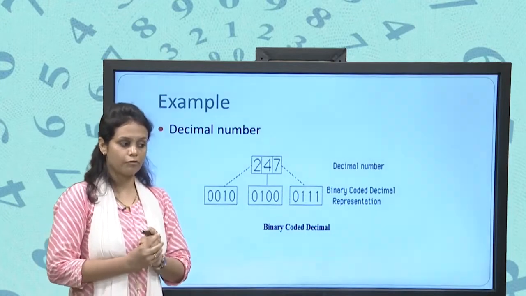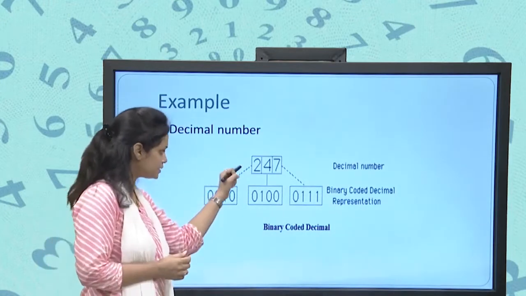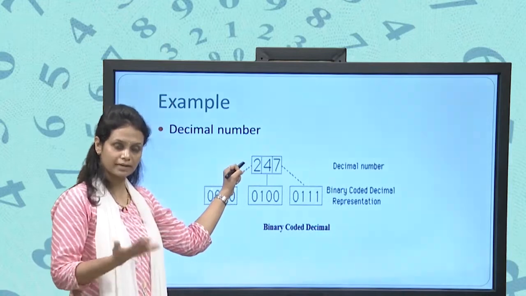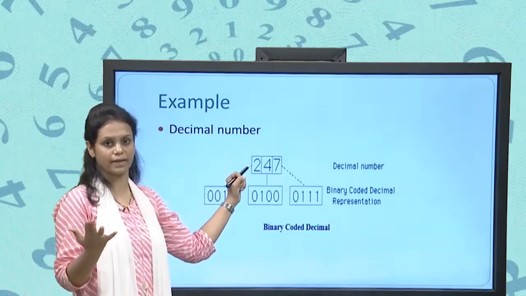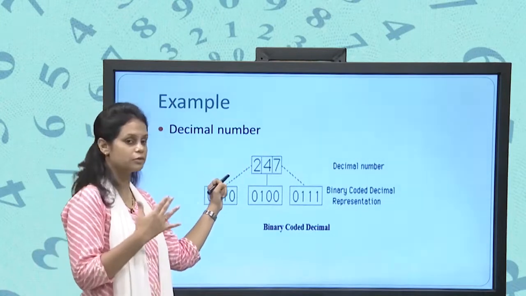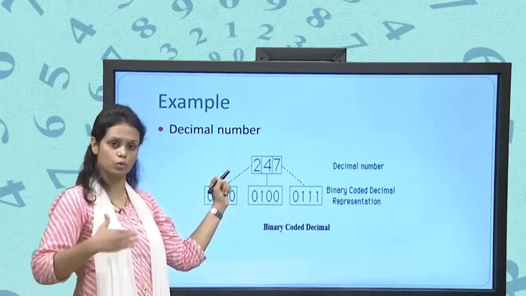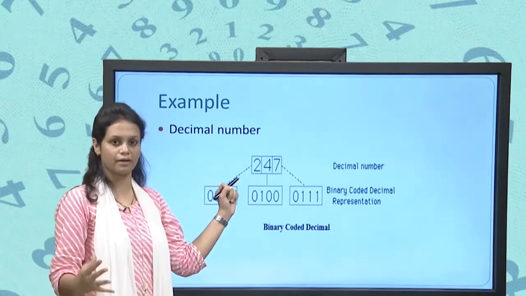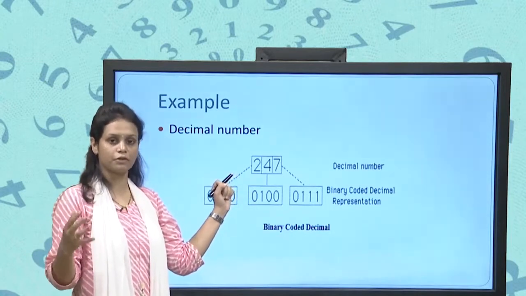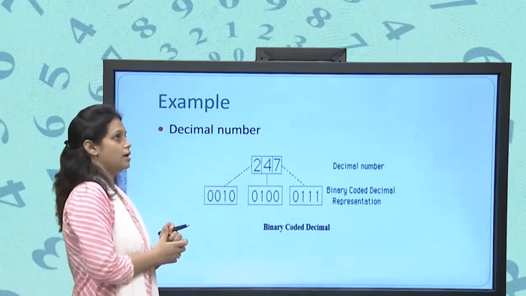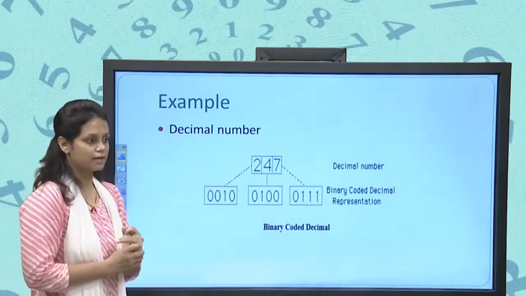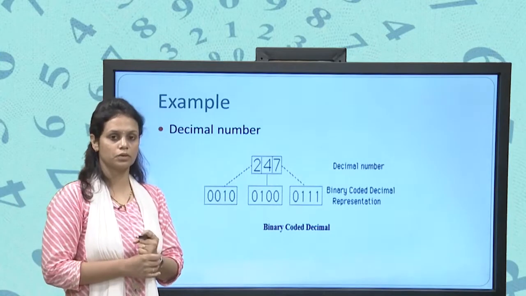If we want to display this number in binary, then we have seen the procedure in a previous lecture. Fine, we'll divide 247 every time by 2, and whatever the remainders, we will keep track of them in reverse, and that is our answer. So there are a number of bits used in the binary number.